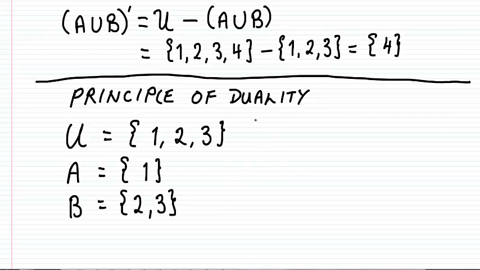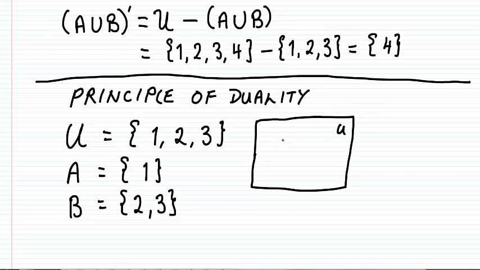So to represent this in a Venn diagram, we would represent the universal set, again, by a rectangle. We have the set A with the element 1, and the set B containing the elements 2 and 3. And these are disjoint sets.